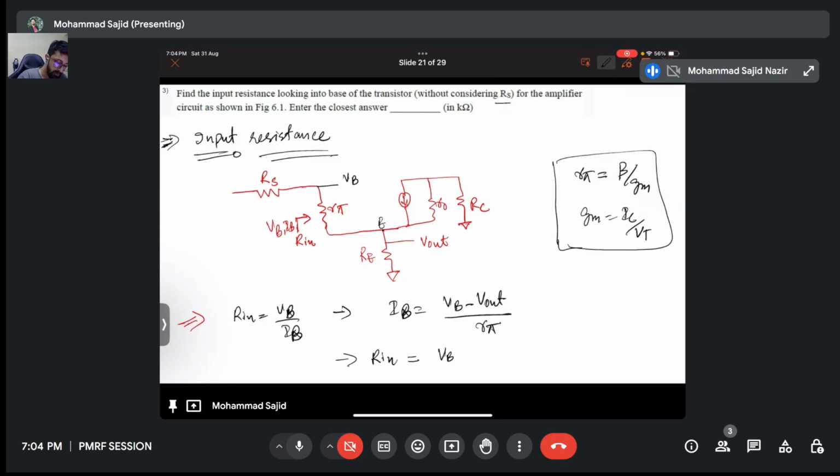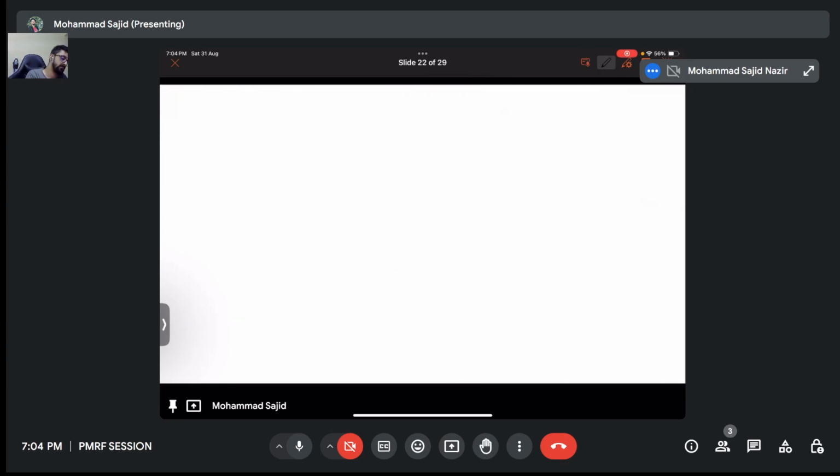Okay, VB by IB. That means it will be R pi by VB minus V out, which is equivalent to R pi divided by 1 minus V output by VB. Now what we need to calculate is V output by VB.